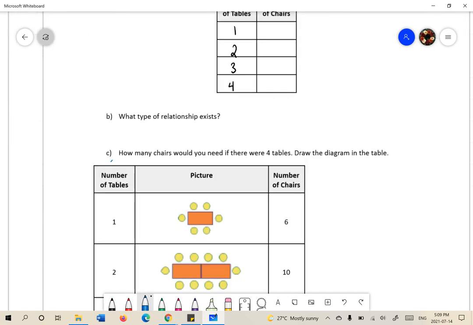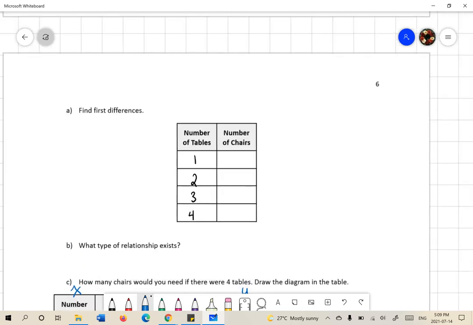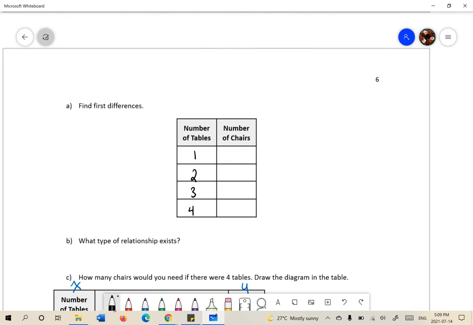And same with my Y values, I'm just going to place them in the Y column up here. Now I'm trying to find this right here. So when you have 4 tables, how many chairs is it?